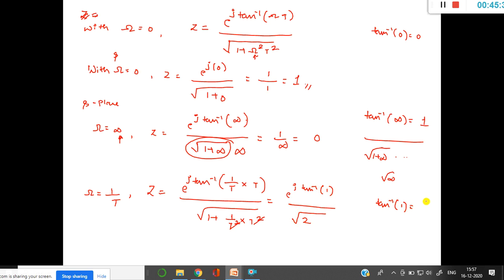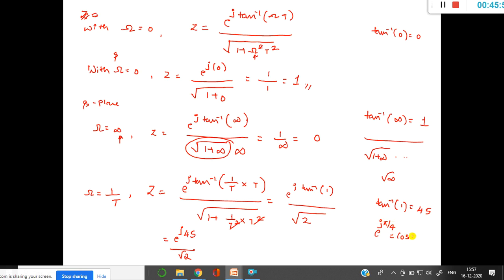It is nothing but 45 degree, right? Here it is e to the power of j 45 divided by root 2. Now coming back, what is e to the power of j 45? J 45 can be written as pi by 4, right?